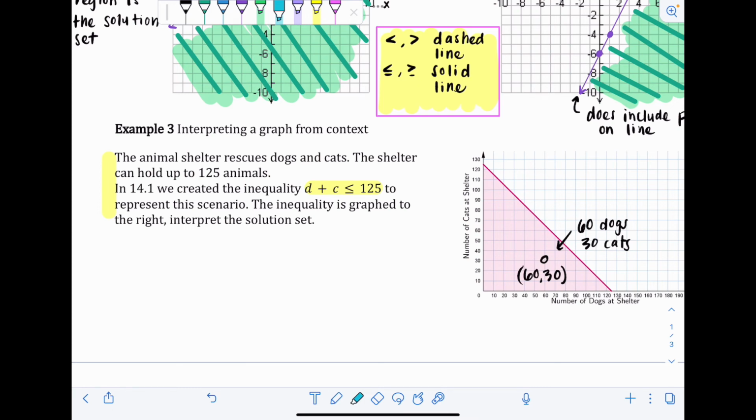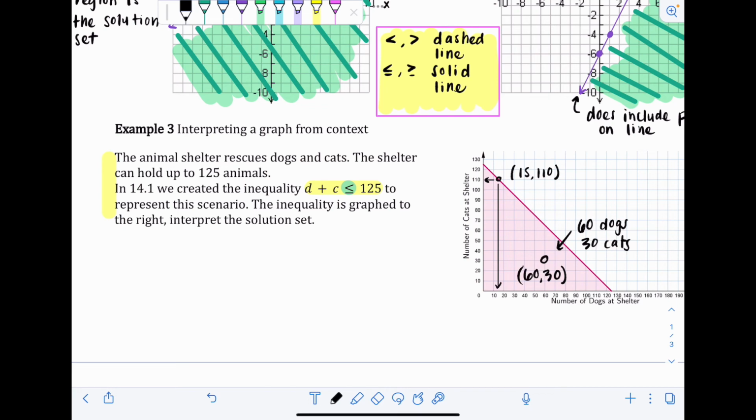And then also because this is less than or equal to, we can include points on the line since it's a solid line. It's hard to find an exact point, but we can say this point right here would be 15 on the dog axis and 110 on the cat axis.